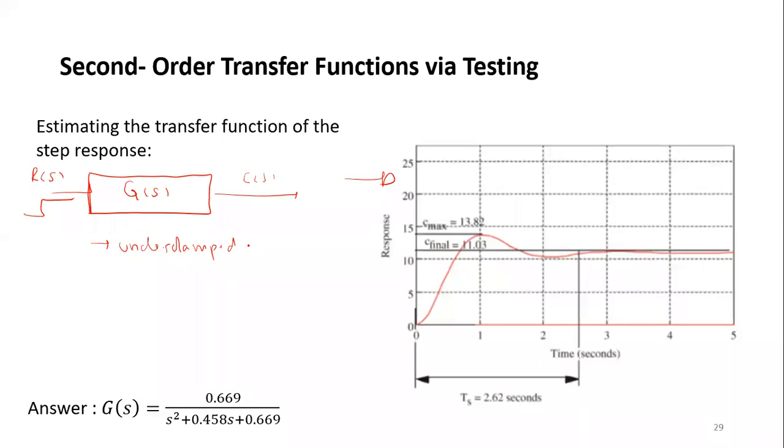From this information, you can find the Cmax, the maximum here, which is given as 13.82. The C final here is given as 11.03, and the settling time TS, which is to reach 2% of this, is 2.62 seconds.